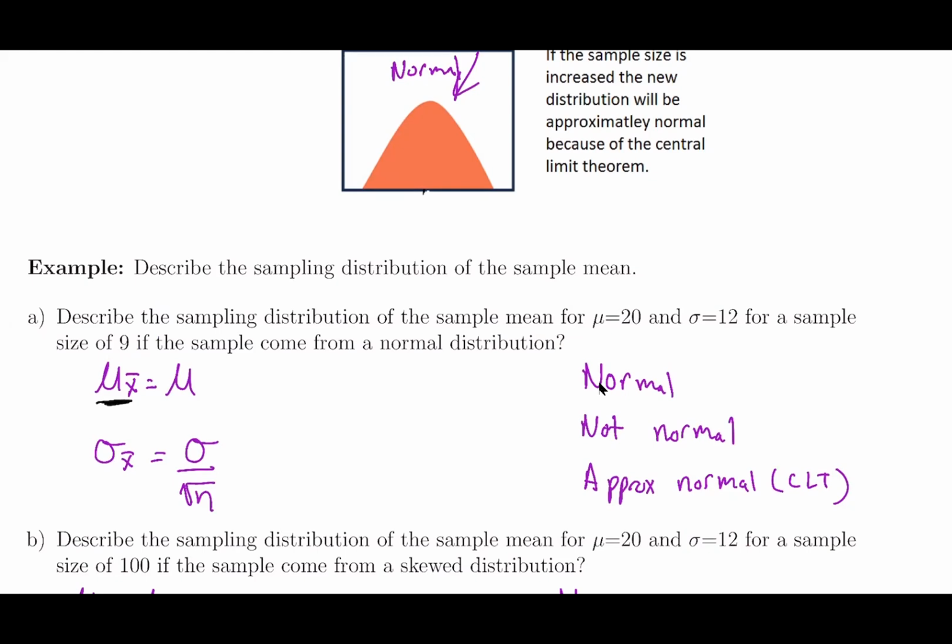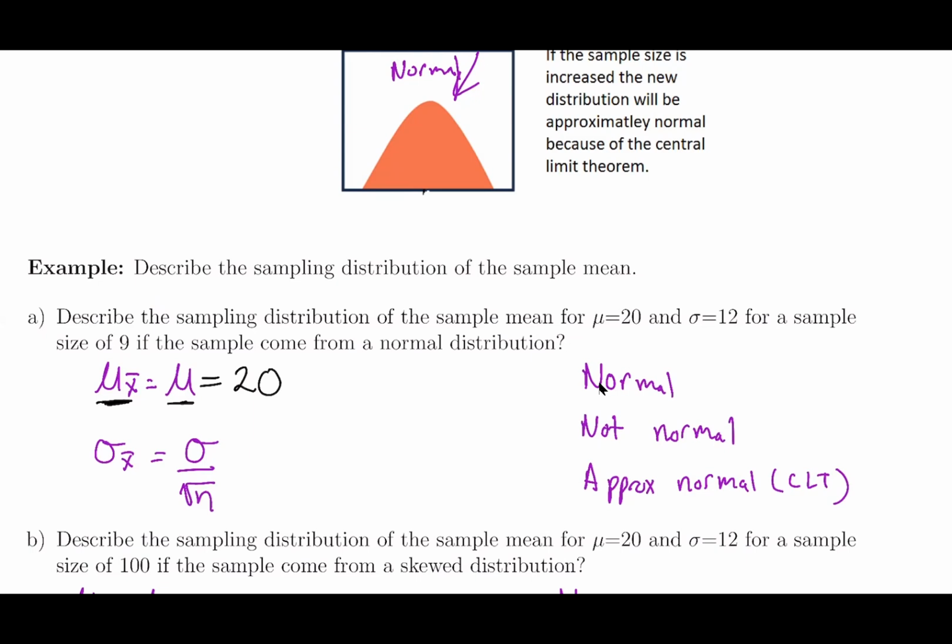Mu of x bar is equal to mu. So what do they tell us mu is equal to in this problem? 20. Yeah, 20. So we'll put 20 there, and that's it. Mu of x bar is equal to 20. Any question about mu of x bar?